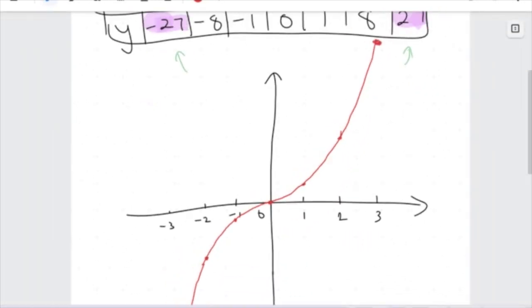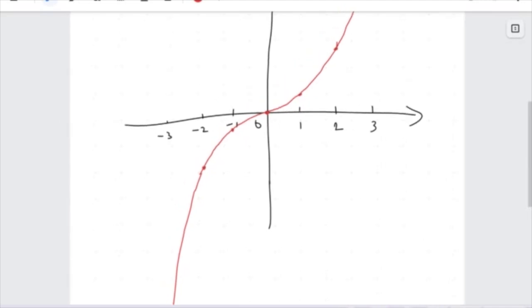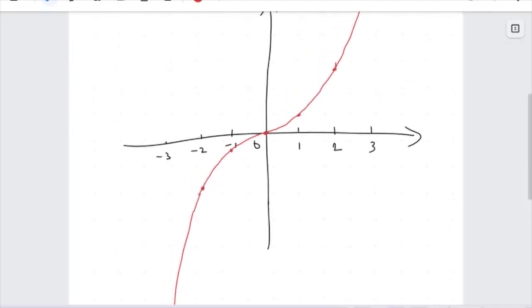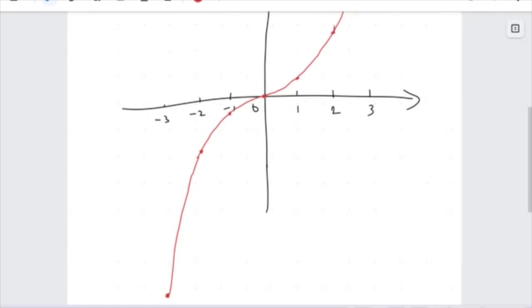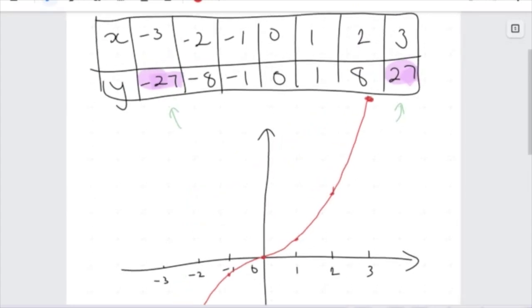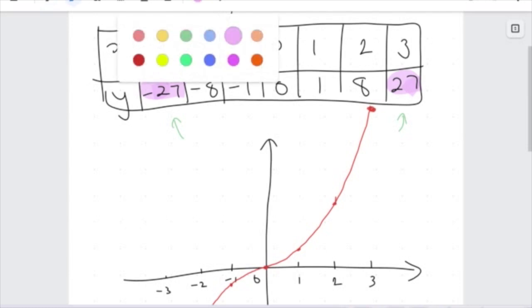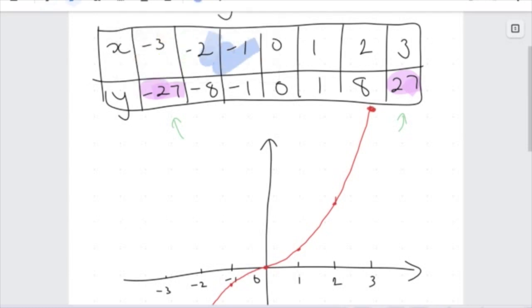Okay, so let's zoom out a little bit, try to get the full picture of what's going on here. Let's just make some general observations about this. Well, first of all, it's kind of mirrored in a really nice way. Now, all of the negative numbers here produce negative results.